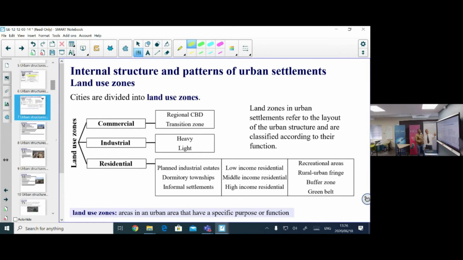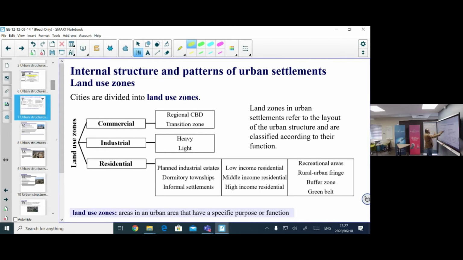Then we want to look at cities, how they are divided into land use zones. We have commercial, we have industrial, and we have residential. Those are the three zones where the cities are divided. On the commercial, we have the regional CBD, which is the central business district.